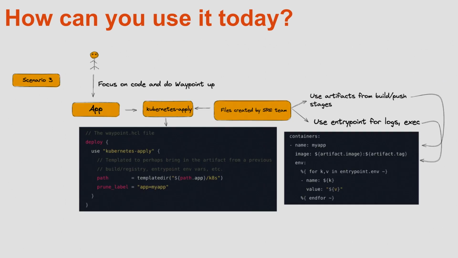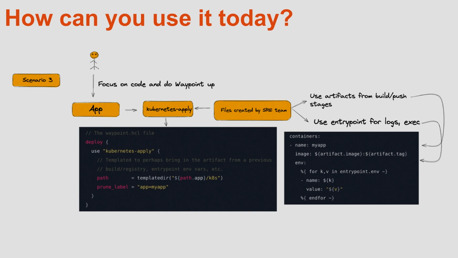Scenario 3, now we are leveling up. Often what happens is there are many Kubernetes resources that your SRE team wants you to deploy. It's not only just a simple YAML file. There are a bunch of other YAML files that need to be deployed along with your application.